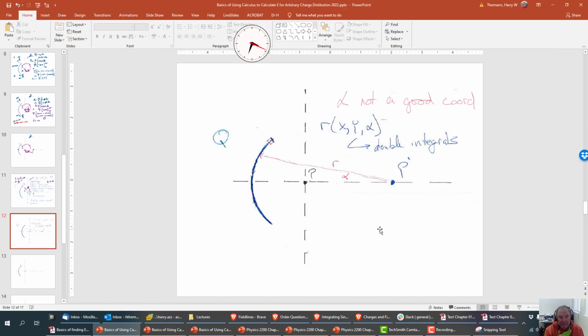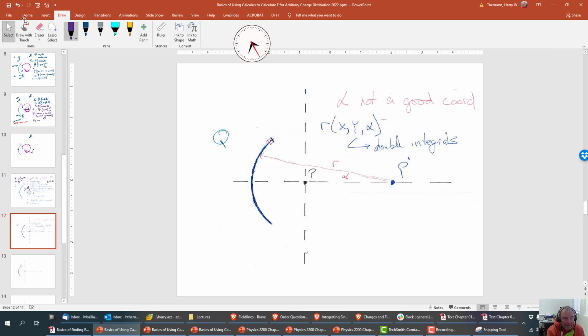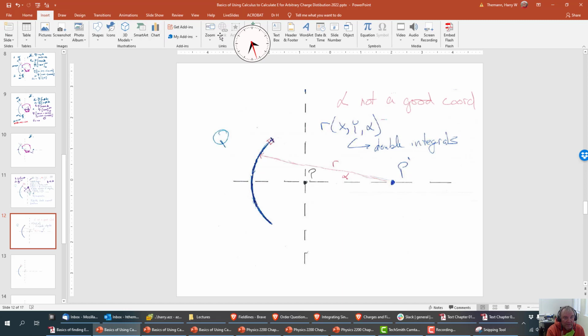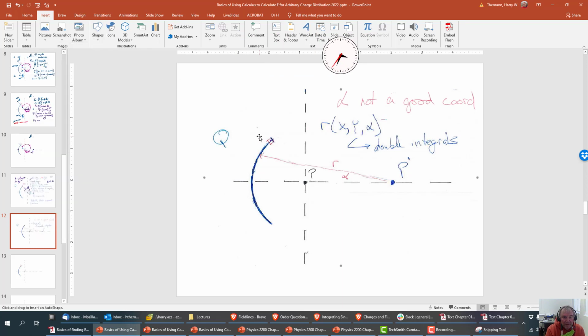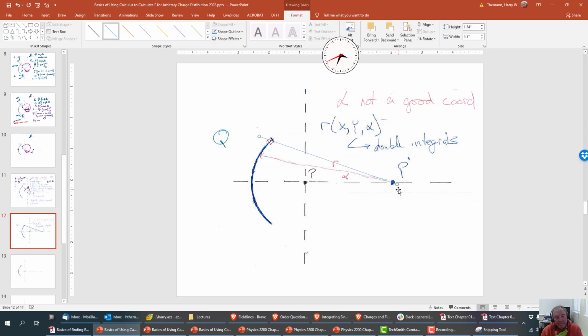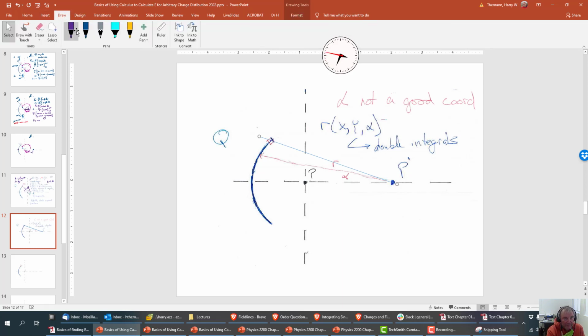And so if we have a dq here, it's going to have to be a much different definition of r for the dE equals dq k over r squared.